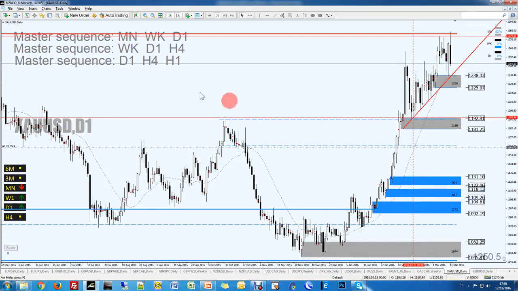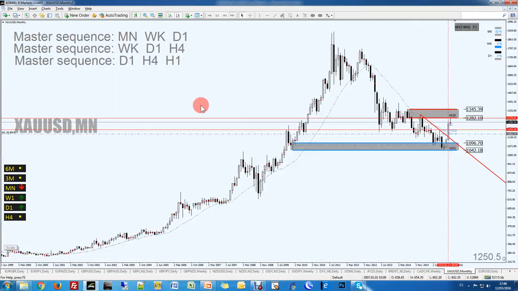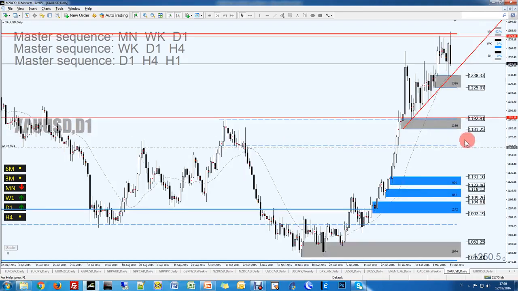This is the way we can use the nested sequences to drill down our entry time frame and our sequence to take more trades when we have a clear pattern here to the left, price action, nothing here, as you can see. This is a bad base as per the rules, so we have room to rally into this area.